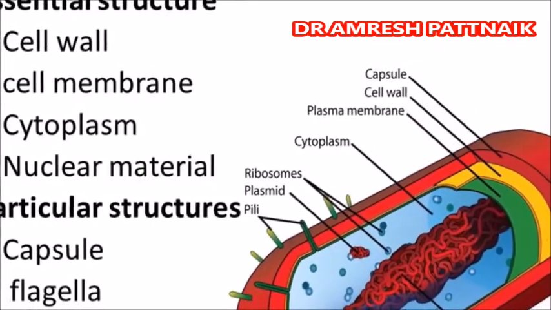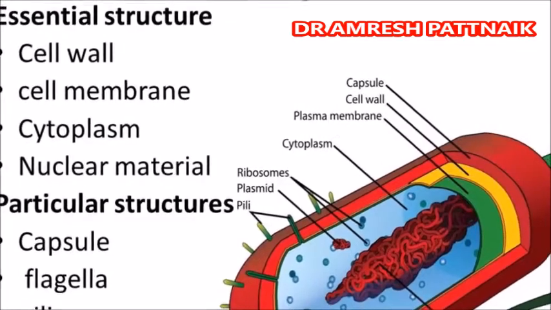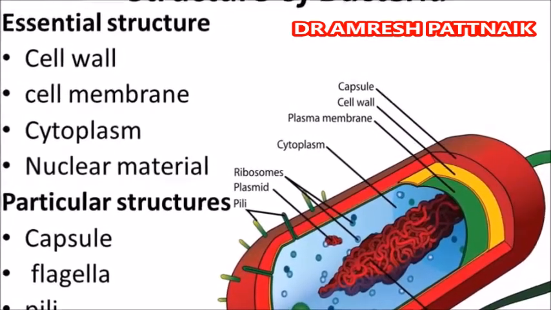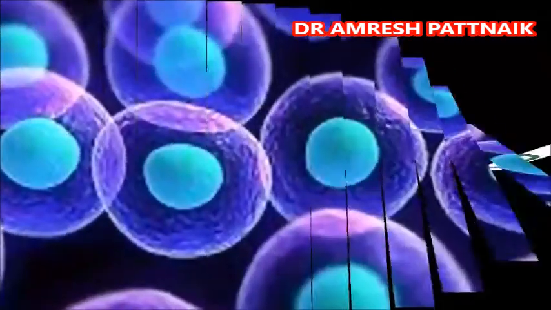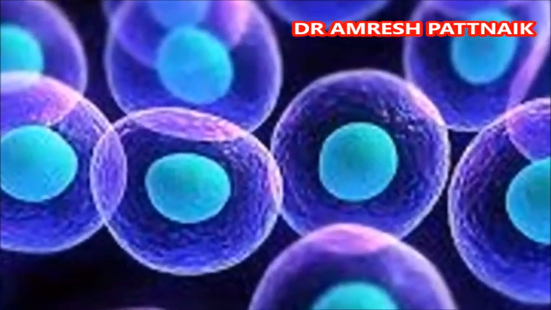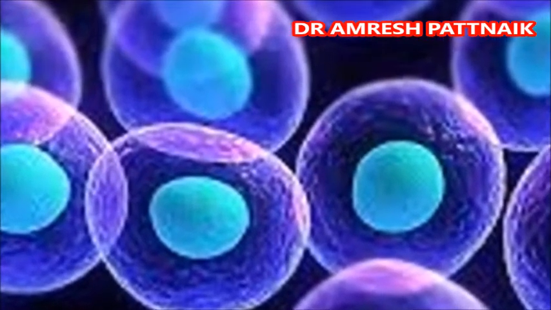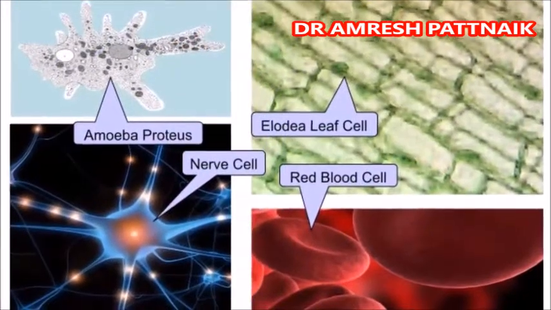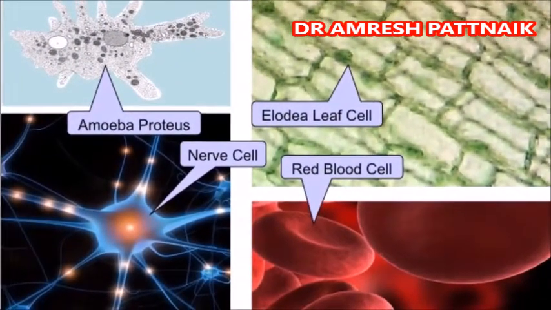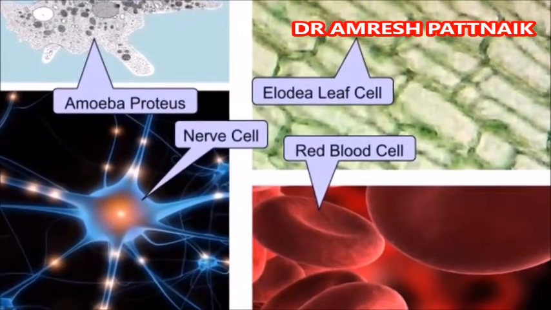Then you will find different cells. This is the bacterial cell, which contains an outer capsular layer, the cell wall, plasma membrane, cytoplasm, ribosomes, plasmids and pili. Many other cells are found here, like Elodea leaf cells, nerve cells, Amoeba proteus, the single unicellular cells, and RBCs or red blood corpuscles.